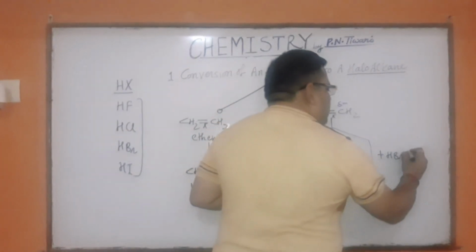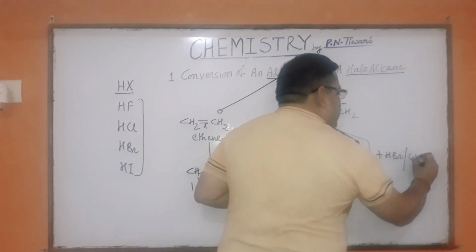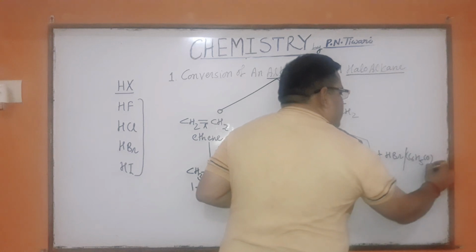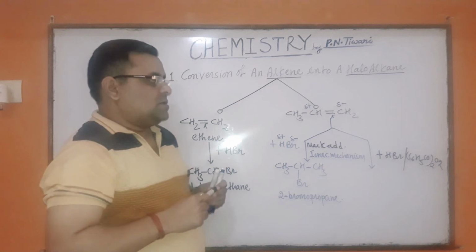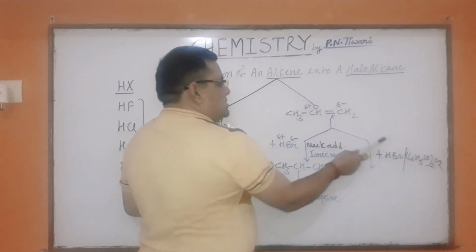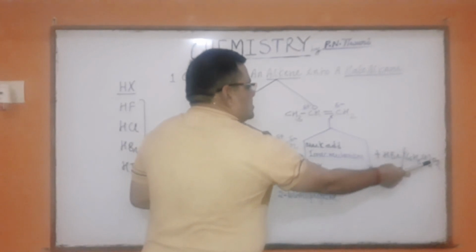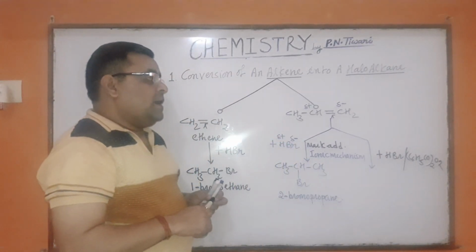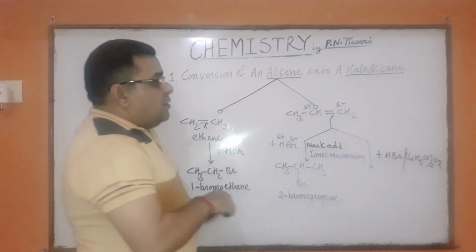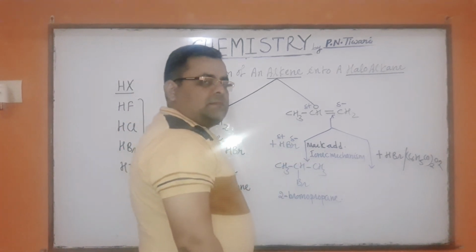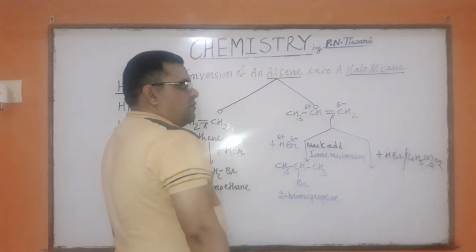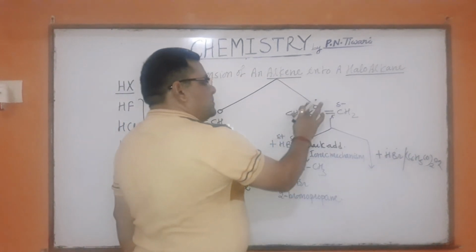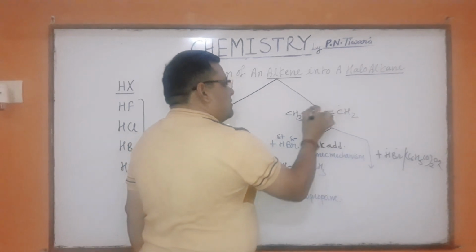But if propene is added with HBr in the presence of any peroxide like benzoyl peroxide, C6H5CO whole twice O2. Dear students, what is the name of this peroxide? It is called benzoyl peroxide. So if the same reaction takes place with HBr in the presence of benzoyl peroxide, then in this conversion free radical mechanism takes place, and due to the free radical mechanism hydrogen free radicals and bromine free radicals are formed, and by the symmetrical fission of this pi bond two carbon free radicals are formed.